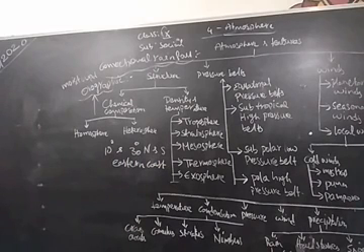Between the latitudes 40 degrees and 60 degrees north and south of the equator, due to the westerlies, the rainfall is heavy on the west coast.